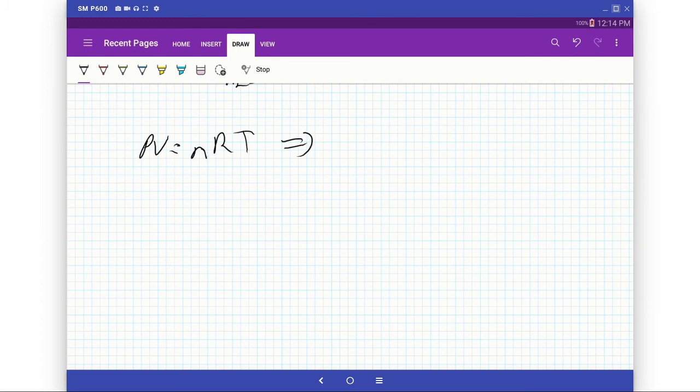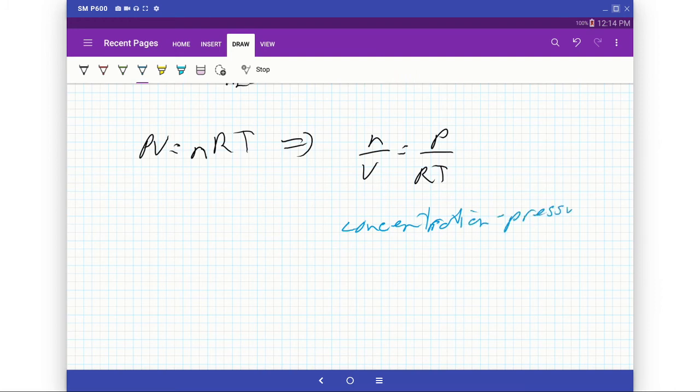Okay, and so one can put N over V is equal to P over RT, and this is the concentration pressure relationship.